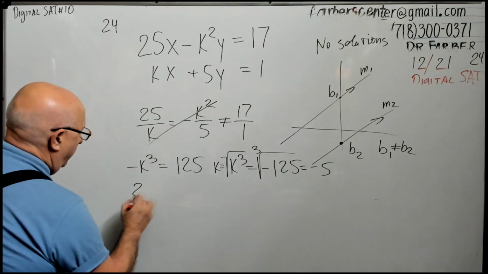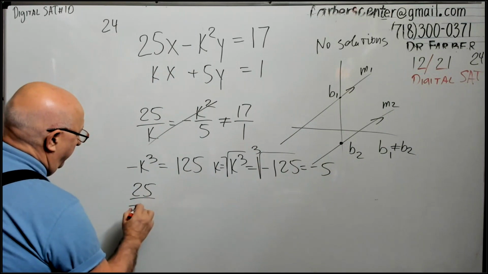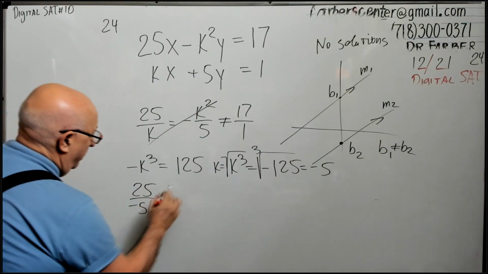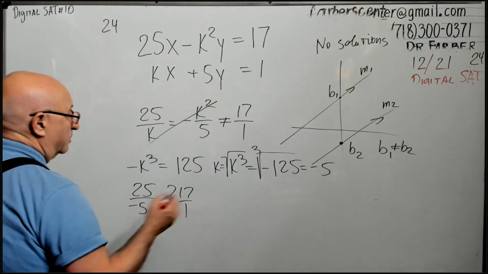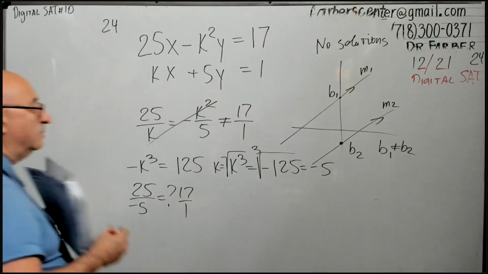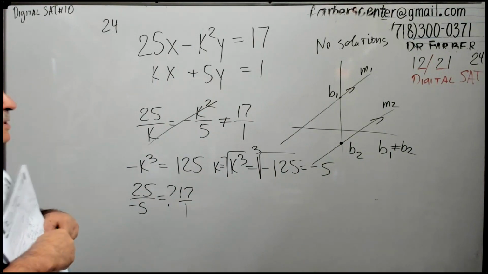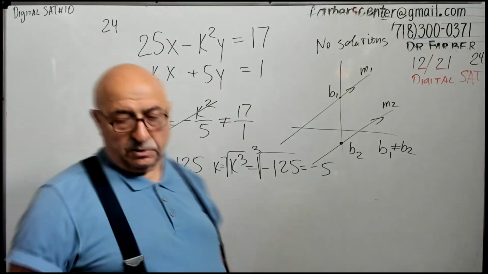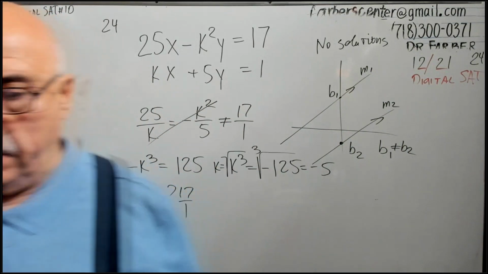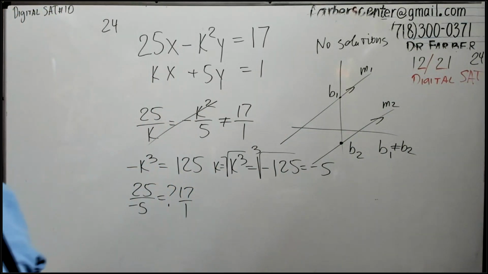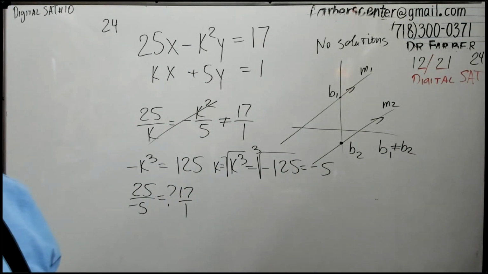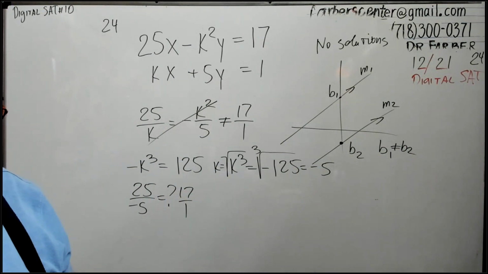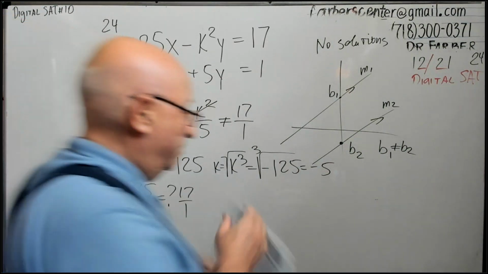Is 25 divided by negative 5 equal to 17 over 1? No. Great, this would be the solution. We always have to check, because the condition is that b is supposed to be different. Who understands 100% up to this? Okay. It was 24, now 25.